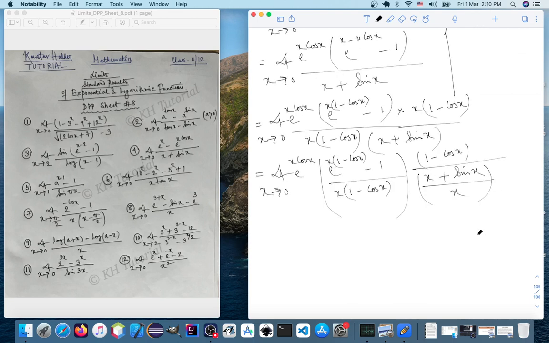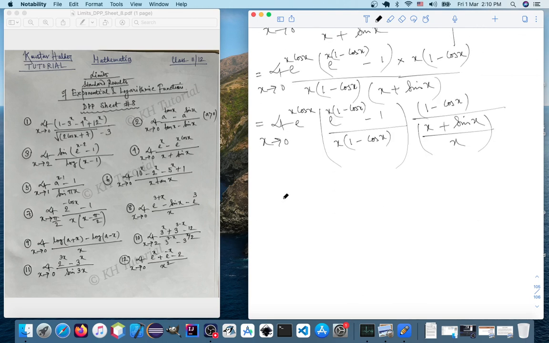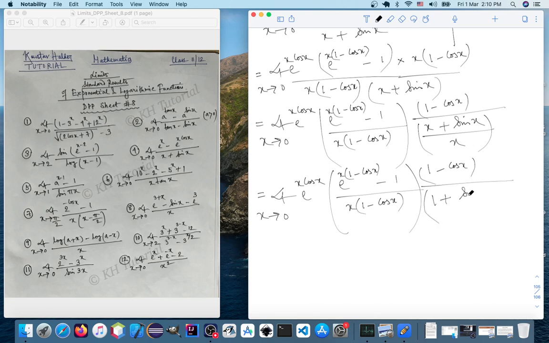Okay, now it becomes e to the power x minus 1 by x, times 1 minus cos x, and this becomes 1 plus sin x by x.